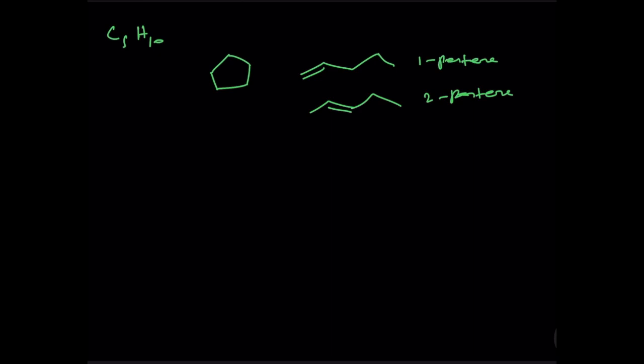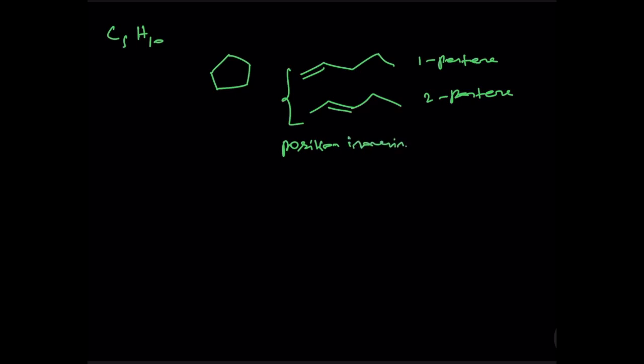But if you are comparing 1-pentene with 2-pentene, then you are talking about position isomerism. If you are comparing cyclopentane with 1-pentene, cyclopentane with 2-pentene, then you are talking about ring chain isomerism. But if you are comparing 1-pentene with 2-pentene, then you are talking about position isomerism.